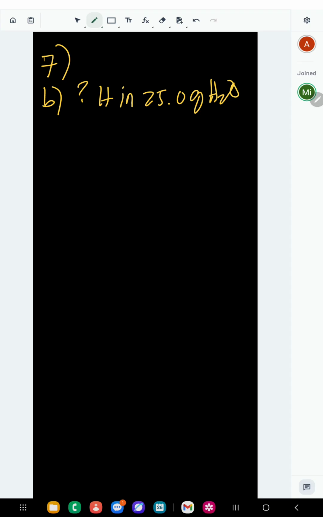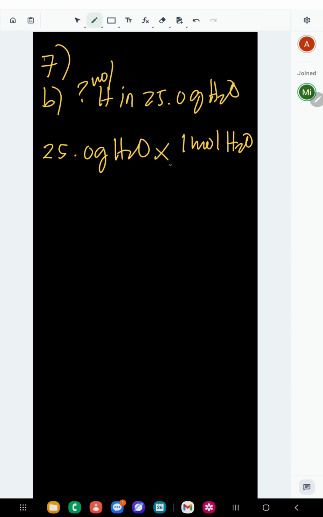So you convert grams to moles. So we start with 25.0 grams of water times 1 mole of water. So we convert this first to mole water.